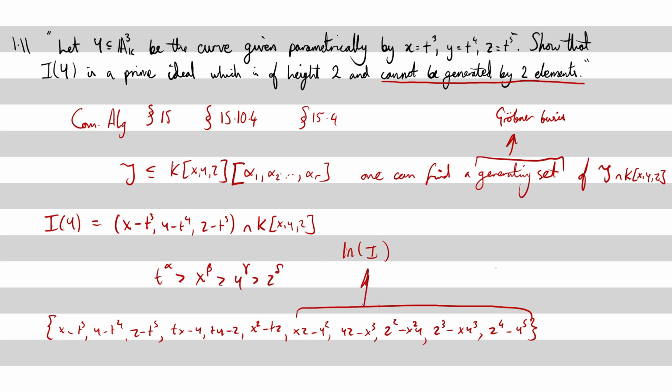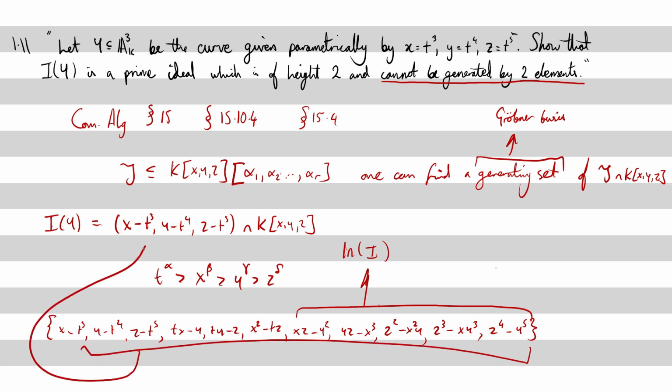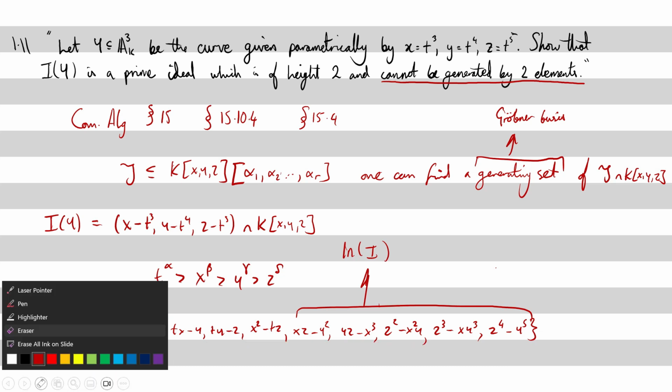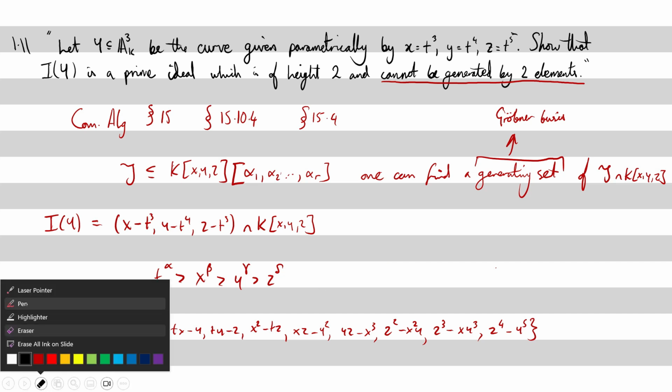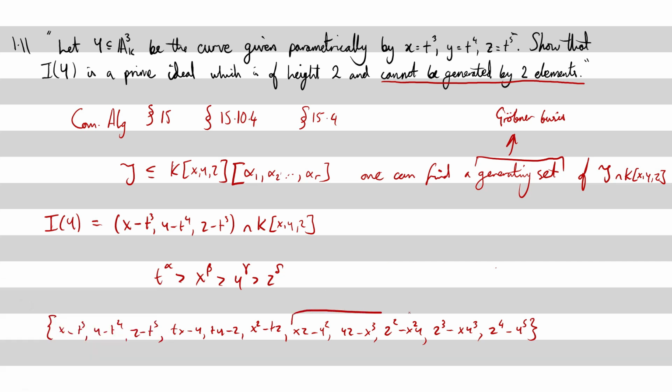That's the additional property that the Grobner basis should represent. However, the property which I am interested in is that this forms a generating set for I of y.